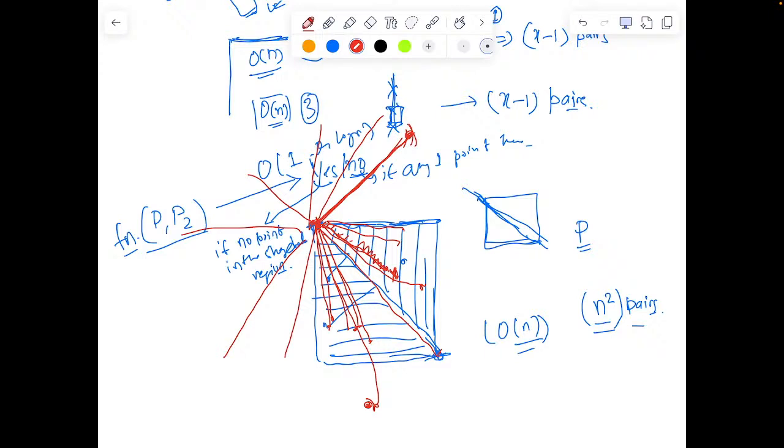How can we do that? For each and every point, that will again boil down to the same thing. For each and every slope, we have to do some order n kind of analysis.